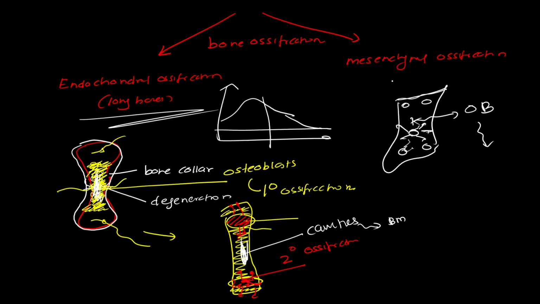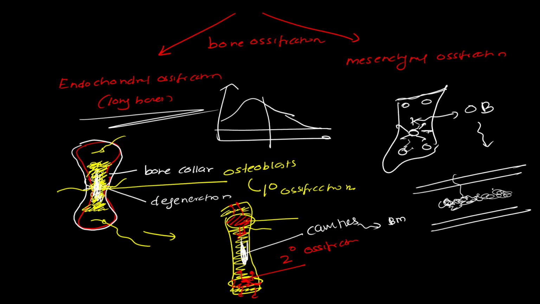The periosteum will retain, forming two trabecular plates, and in between the trabecular plates you will see the chondrocytes getting deprived of oxygen. These chondrocytes will eventually die out, forming cavities. The cavities will form bone struts, and sometimes the bone struts are occupied by bone marrow. So this is how it happens.